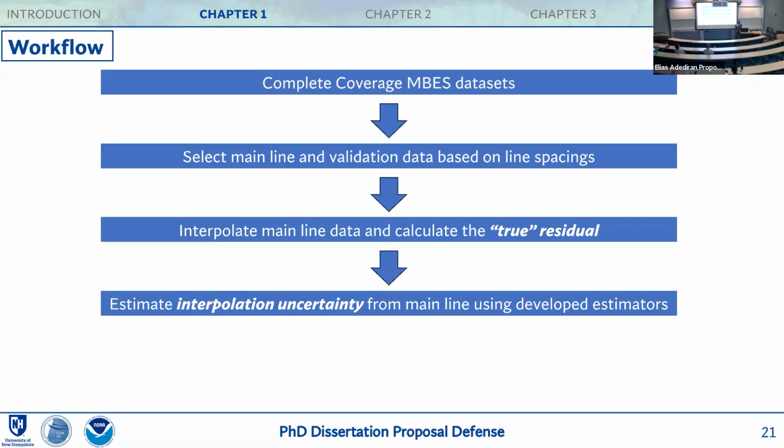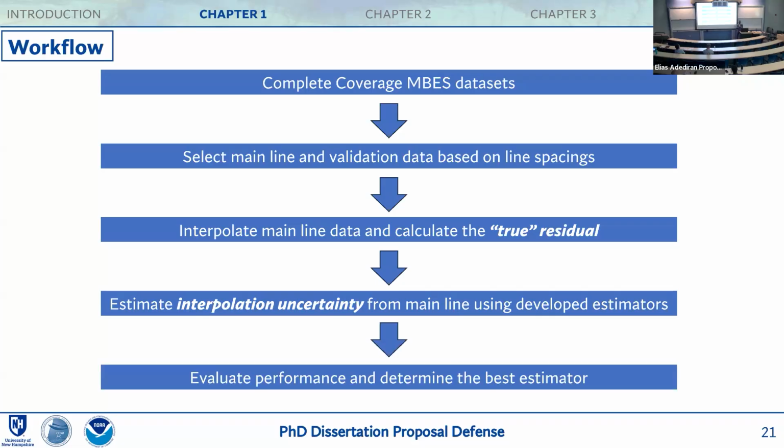From the main lines that we've selected, we estimate the interpolation uncertainty using the developed methods that I've described, the spectral and the spatial statistical method. And I want to clarify again that the true residual is different from the interpolation uncertainty.